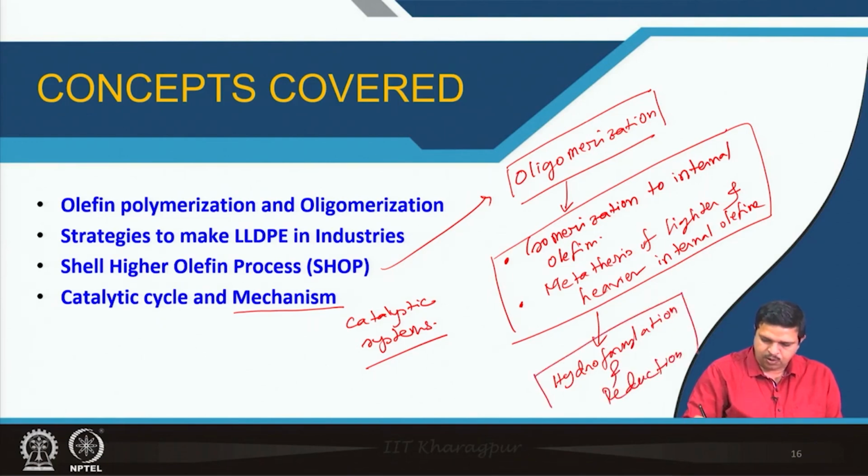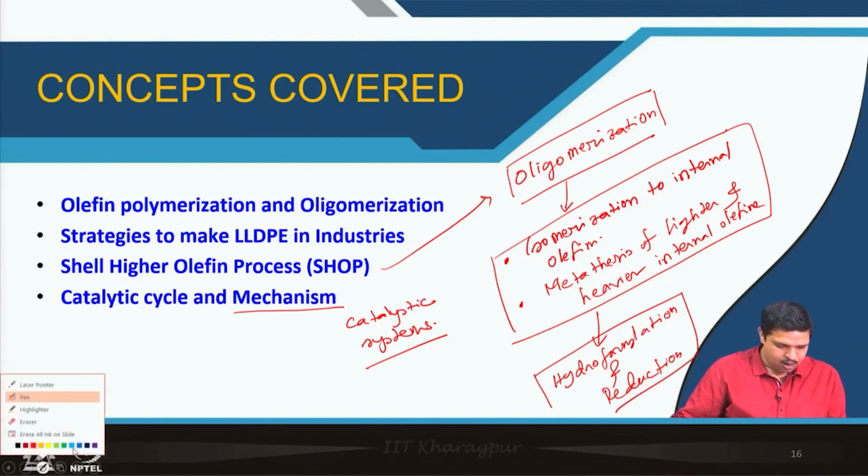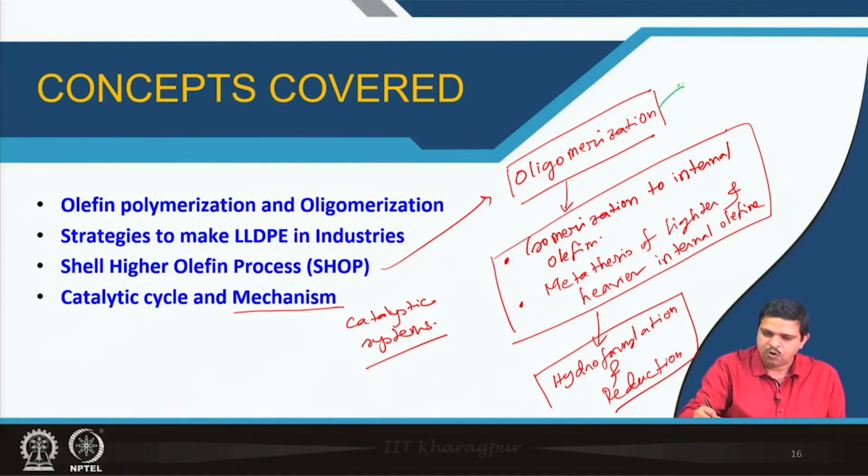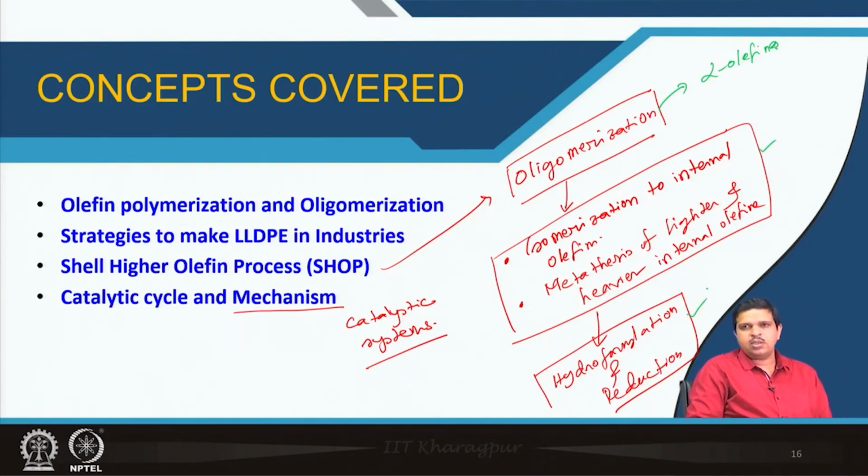So we will be getting our desired alpha olefin from here. Some purification steps are involved, and these steps basically convert the byproducts to useful materials, as we discussed in our last classes.